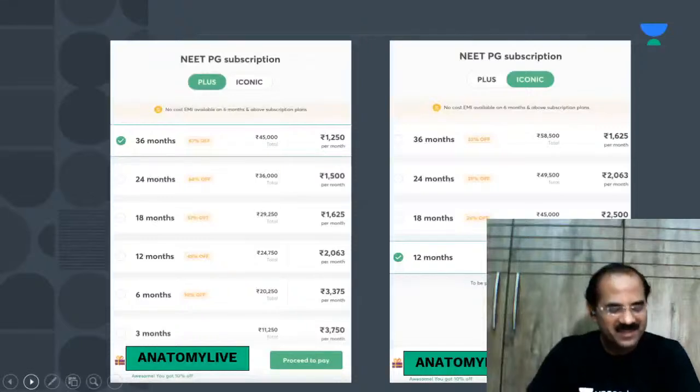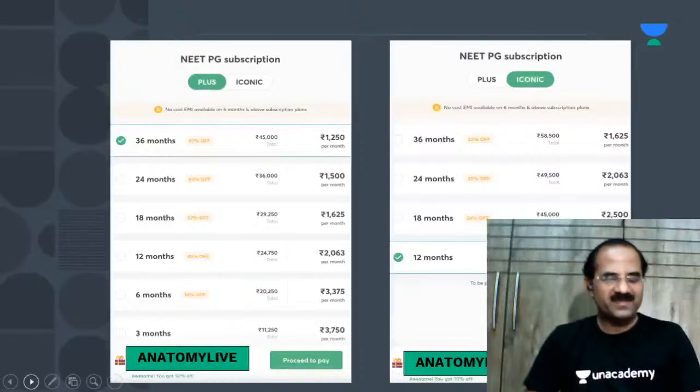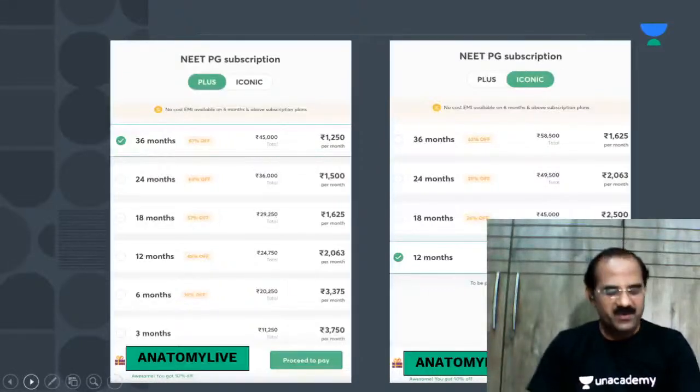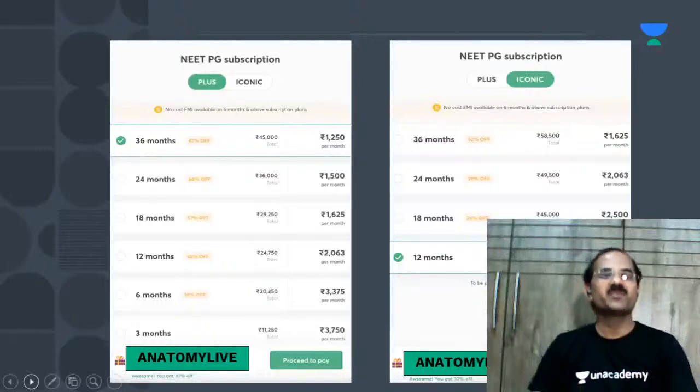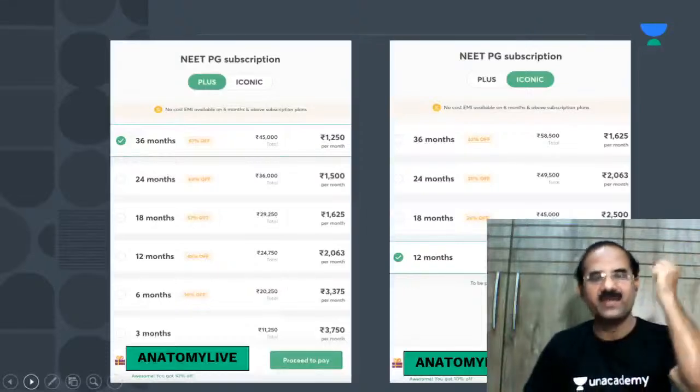Tell me. That is the nerve to mylohyoid. Nerve to mylohyoid. And the nerve to mylohyoid supplies the mylohyoid and the anterior belly of digastric.